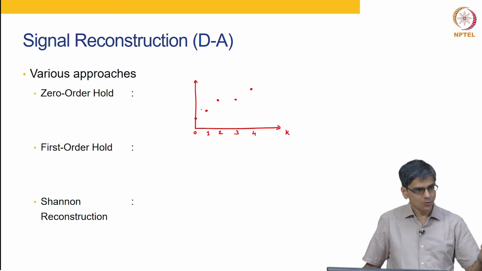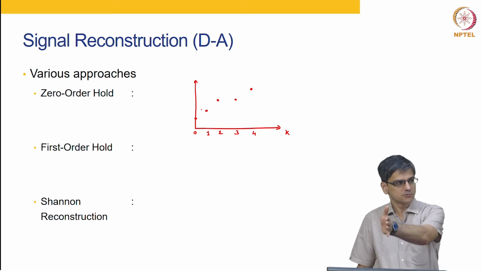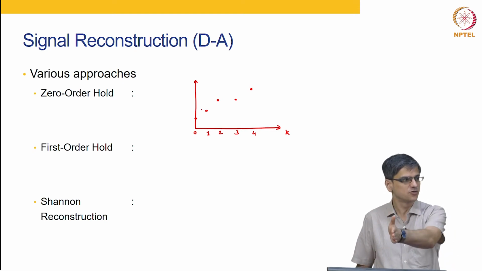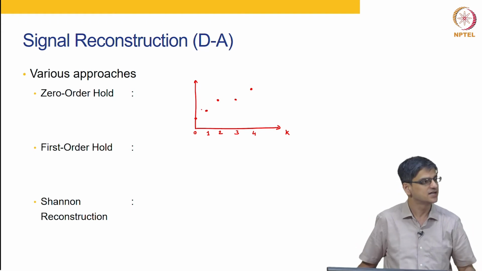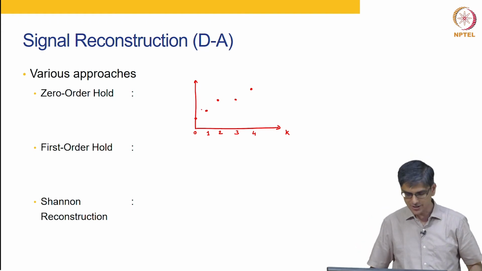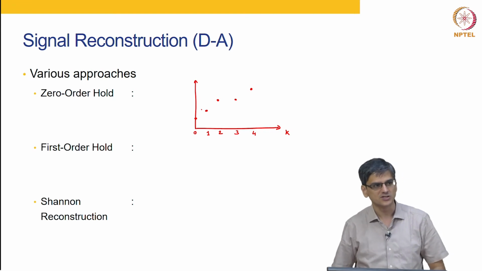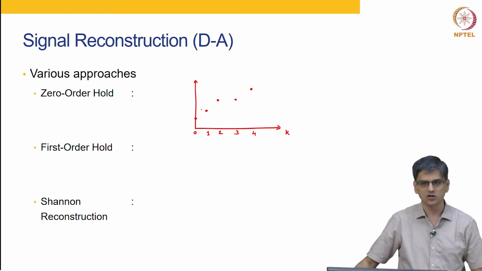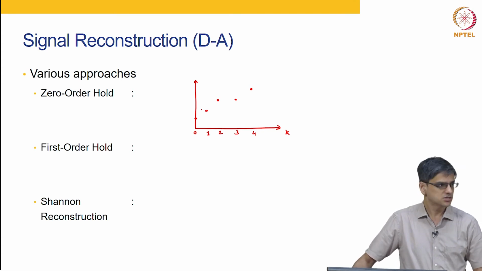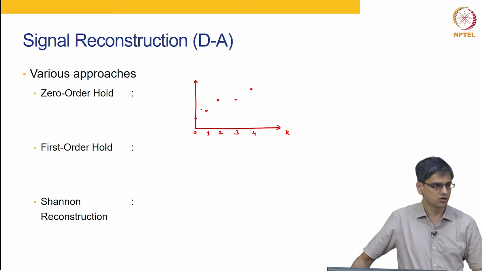I do not know that at 10:12 I would have increased the flow rate to 21 sitting right at 10:08. So, you cannot just connect those dots, because that is the most obvious thing a lot of us would think. One of the ways to do this is what is known as zero order hold.